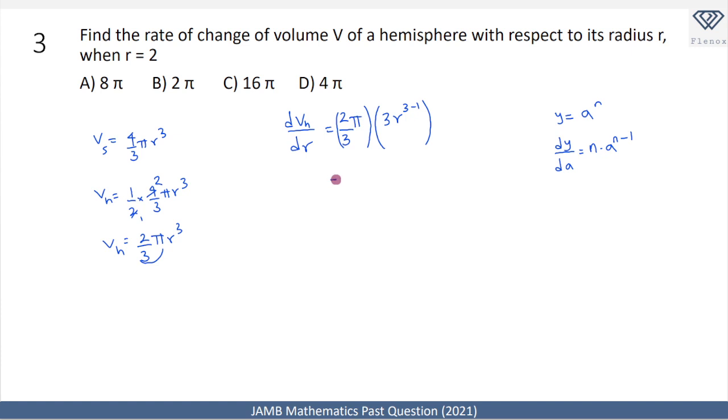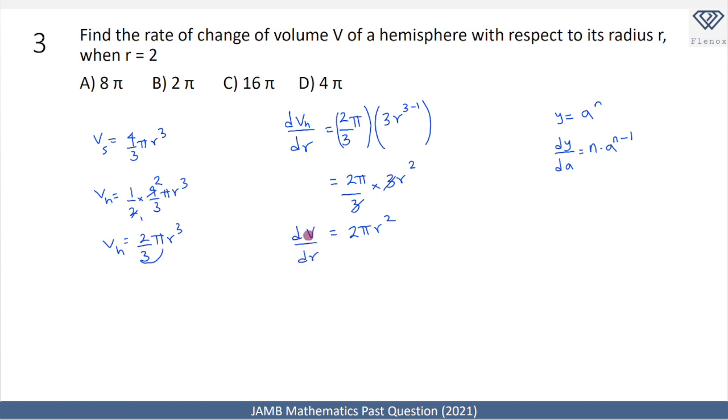So this becomes 2 pi over 3 times 3r squared. Now this 3 cancels out this 3, and we're left with 2 pi r squared. So that is the rate of change of the volume with respect to the radius.